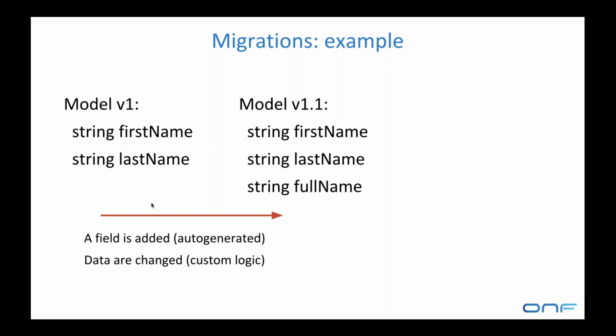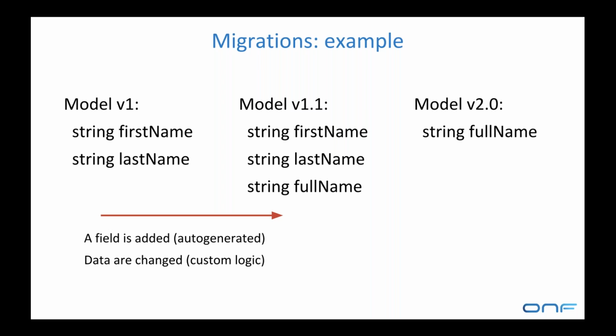And given this change in the model, we have a tool that is capable of automatically generating the database migration, adding a field into the table. But then you need to specify some custom logic for this migration, because most likely you want to populate this new field by summing the first name and the last name for each user.